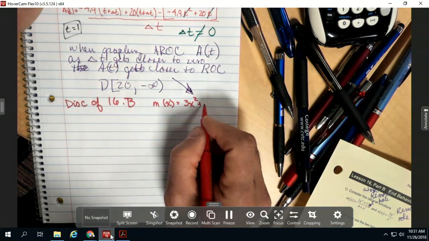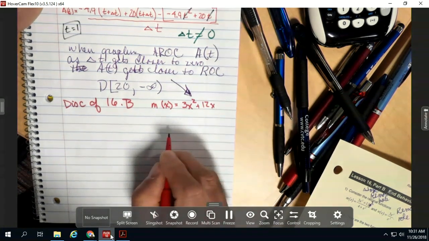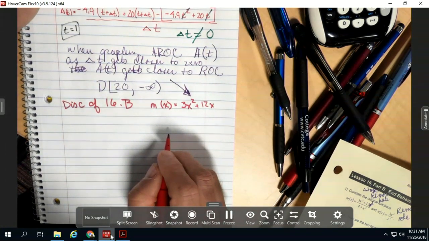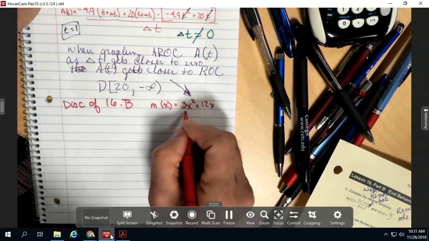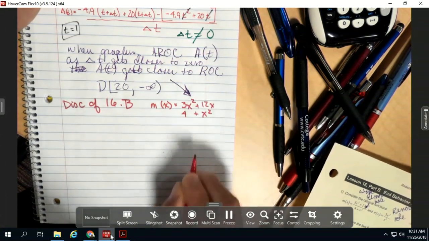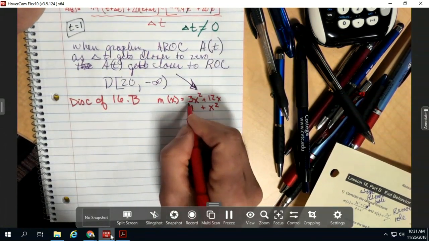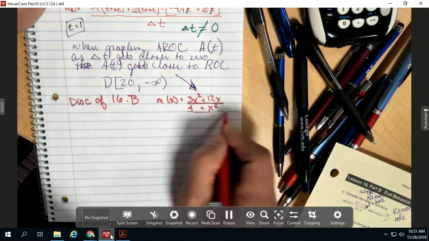Does it say 12 or does it say 12x? Over 4 plus x squared. Can we remove 4 plus x squared?